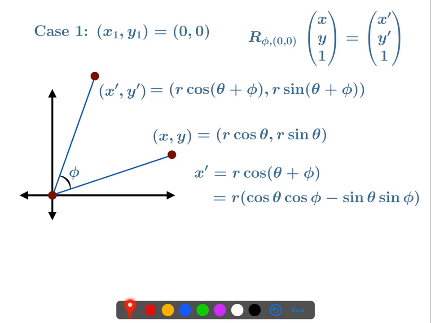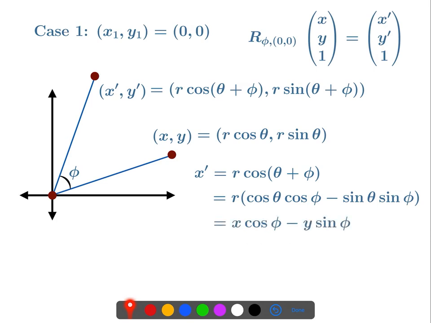But now you can see when I multiply it through by r, I have r cosine theta here that I can replace with x, because x was r cosine of theta. So this will be x times cosine of phi. And I also have an r sine theta, which is y. So this will be minus y sine phi.